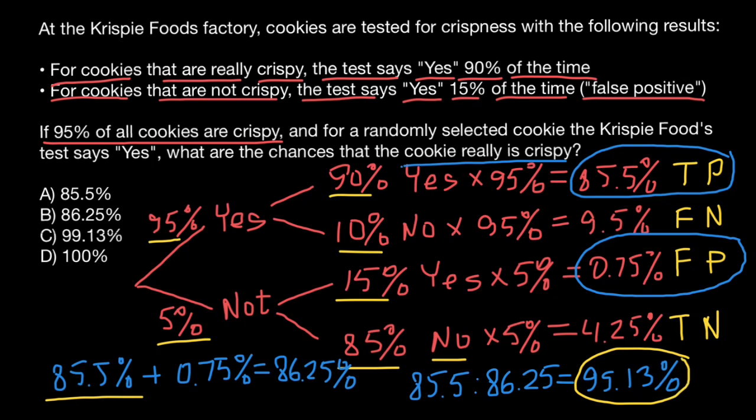If we randomly choose a cookie in this company and the test says it is crispy, the probability that it is truly crispy is 99.13%, and the probability that it is not crispy, that it is a mistake due to inaccuracy of the test, as you see, is going to be 0.87%. We call this false positive or false crispy.